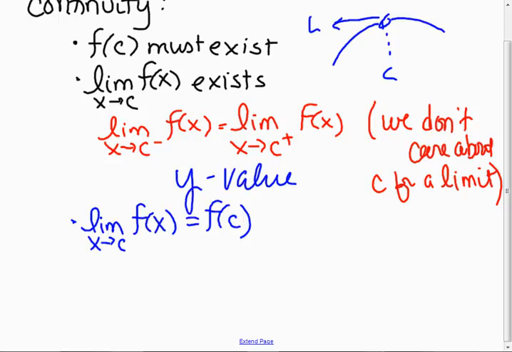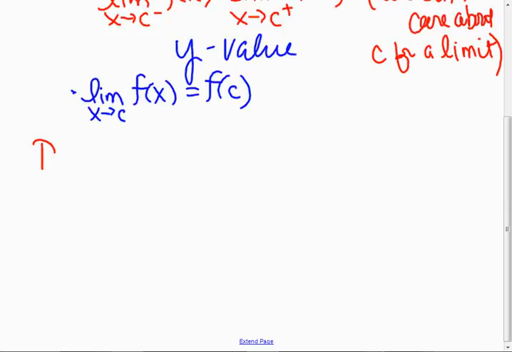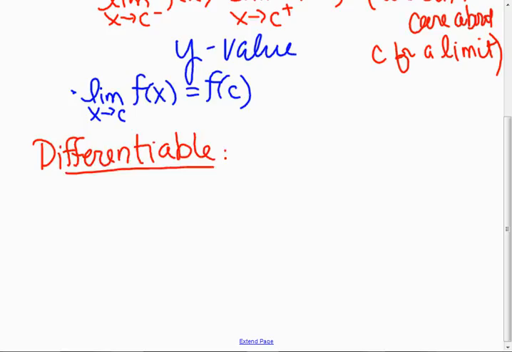Now, one other word here that goes with continuity, it's stronger than continuity, is differentiability. We have to know that word. Differentiable means you can find the derivative.